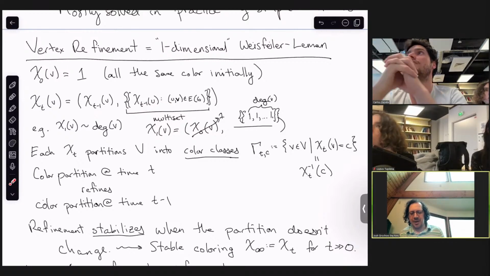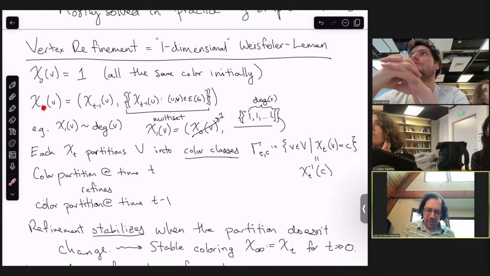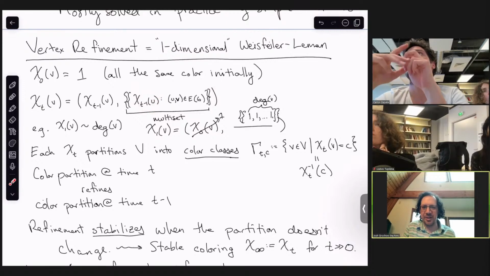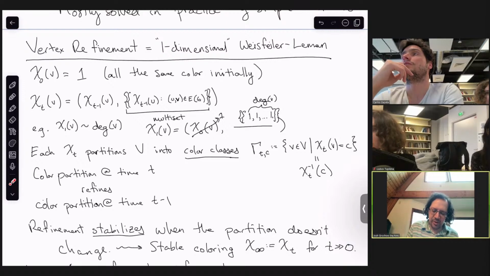Right, you can think of it that way: at time t, this is a multiset of pairs, where each pair consists of a thing and a multiset of pairs. In practice and in algorithms, at every step you have your coloring and you usually just make the colors numbers. If you're writing an algorithm, say the colors are 1 up to C.